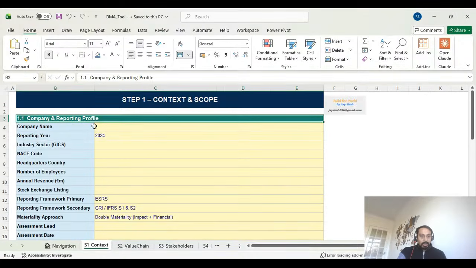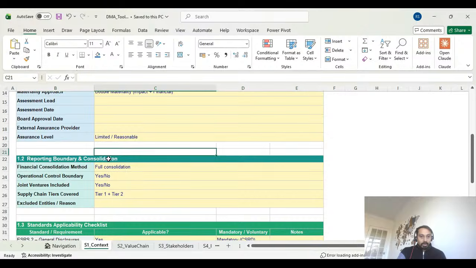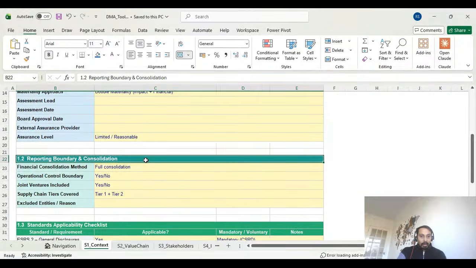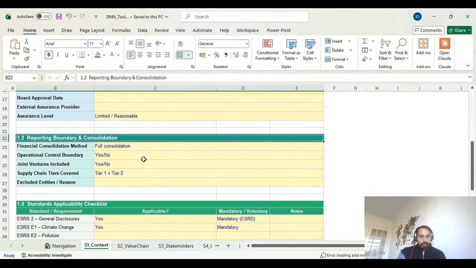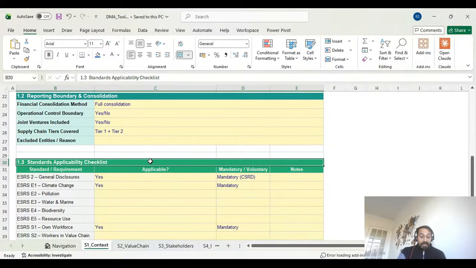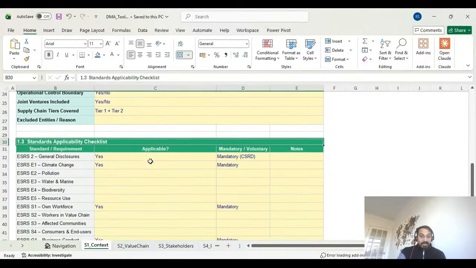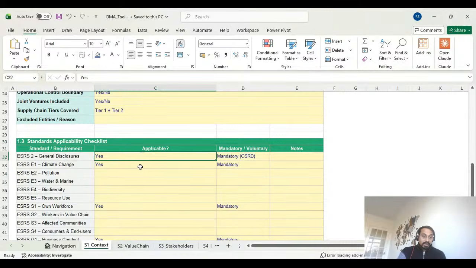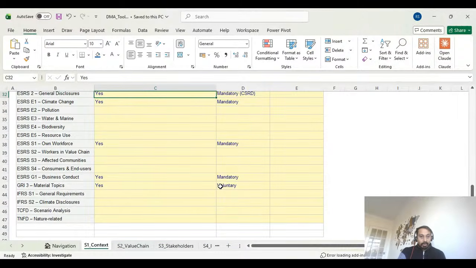So the first is the company and reporting profile, also the reporting boundary as I mentioned, and consolidation. You can have a standard applicability checklist. If your company is subject to ESRS 2, ESRS 1, you have to mention that, because ESRS 2, ESRS E1, and others are mandatory.